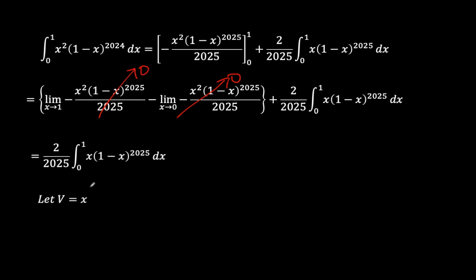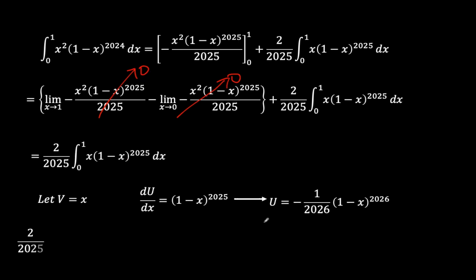Then again, using integration by parts by setting v equal to x, and du being 1 minus x to the power 2025, that means that u at this stage is negative 1 over 2026 times 1 minus x to the power 2026.